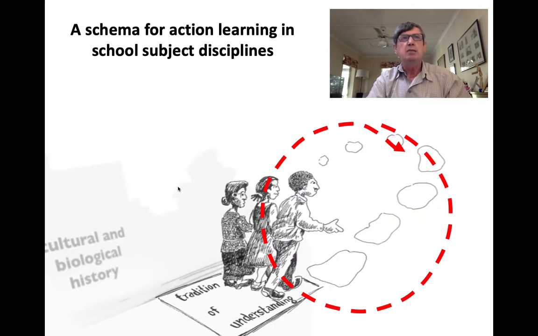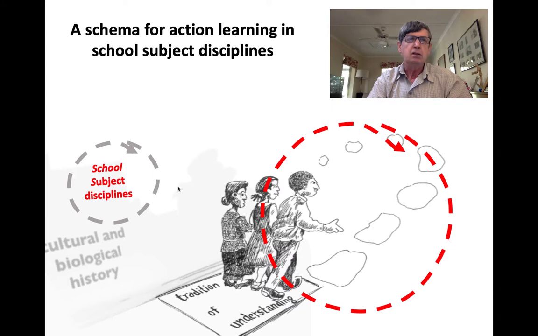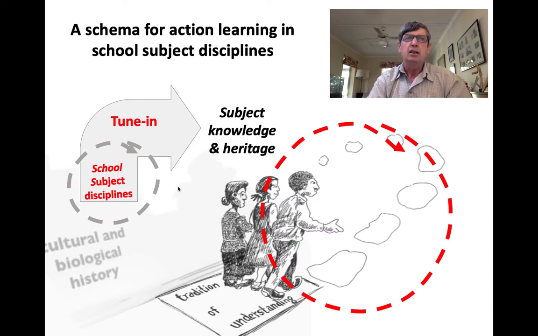So we looked at a schema of action learning in school subject disciplines for this and produced a circle of care around it. And the idea is that we've got cultural and biological history, which comes to schools in school subject disciplines. And then what we need to do is tune in the learners in terms of their heritage and in terms of the subject knowledge, so that they're able to engage the world, to talk about things, to think about what's happening around them, and to take action together for a sustainable future.